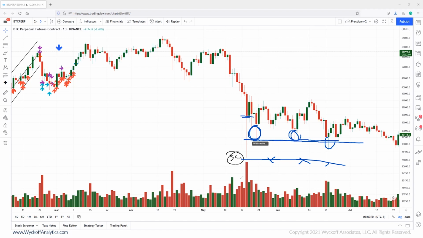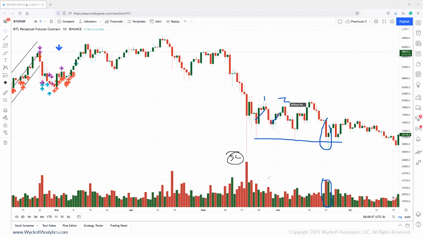But the important thing of this testing action I like to see here, Roman, I think the key areas are these two bars with this volume. This is what I like to see. Yes, we can see that the buying improves from 1 drive to 3, and we do push on up. We can see the buying quality is getting better within this initial trading range.